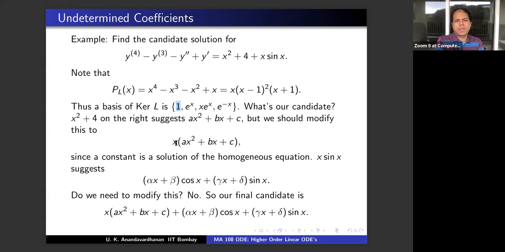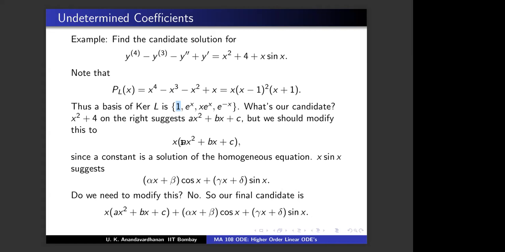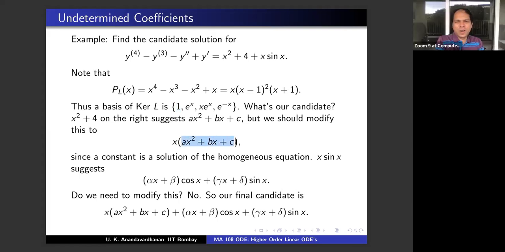So you have to multiply by x. Why would it not have worked? You have to try. You plug it in and see. Even if this works in this particular example, I am saying that in general it will not work. So our method is, whenever you have something which is already part of the homogeneous equation, then you have to multiply by x. That's the method.